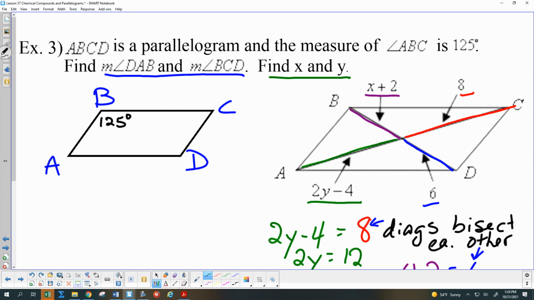And I'm going to look at which ones do they want me to find, because they only want me to find 2 of the others. They want me to find DAB, so if I start at D, go to A and to B, I need to find that one. And then they also want me to do BCD, so if I start at B, go to C, and go to D.